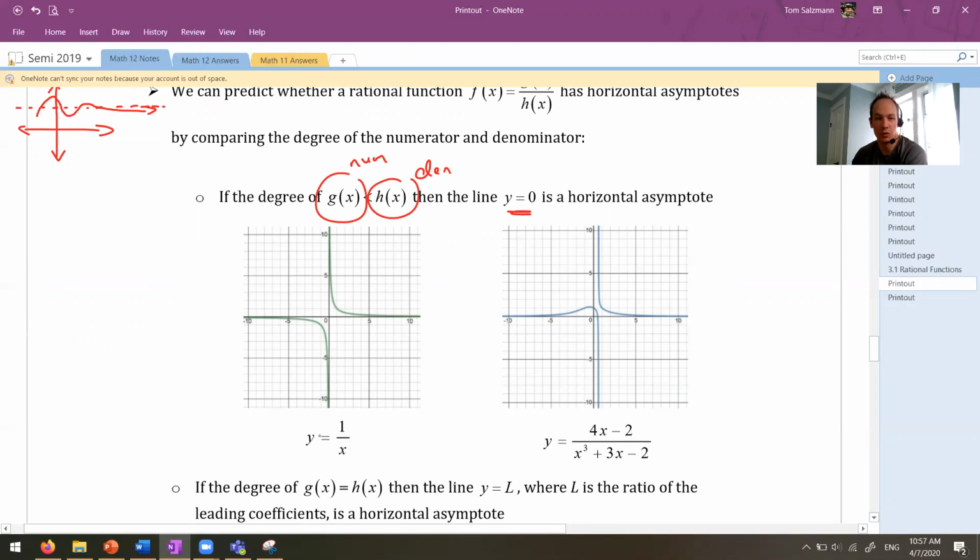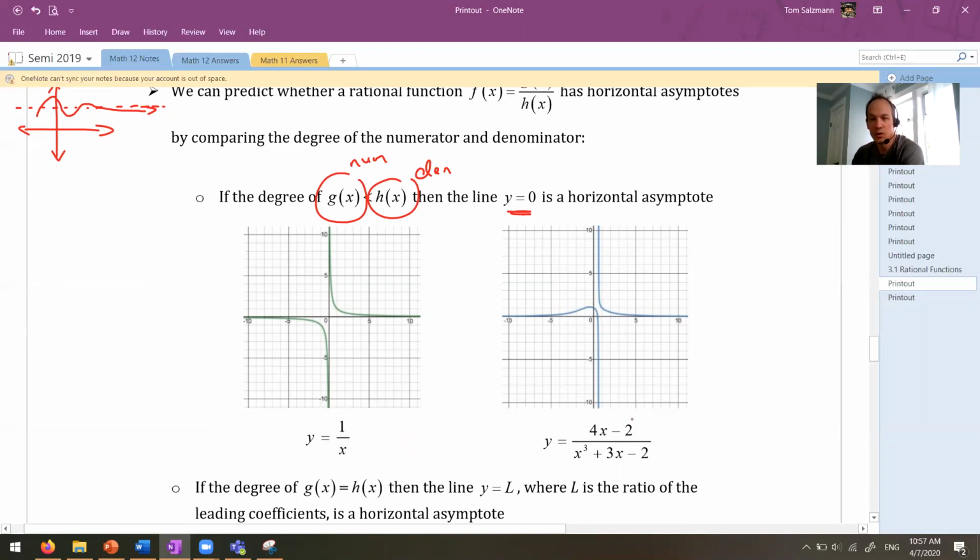For the most simple one, y equals 1 over x, the degree of the numerator is 0, the degree of the denominator is 1, and 0 is obviously smaller than 1. So we can conclude that this will have a horizontal asymptote y equals 0.